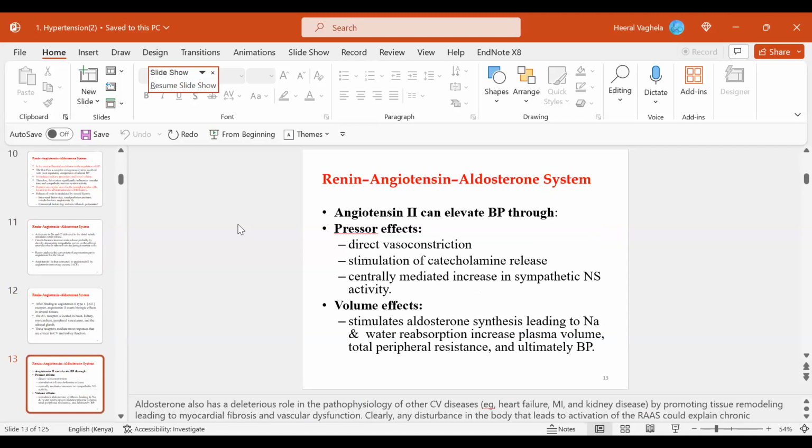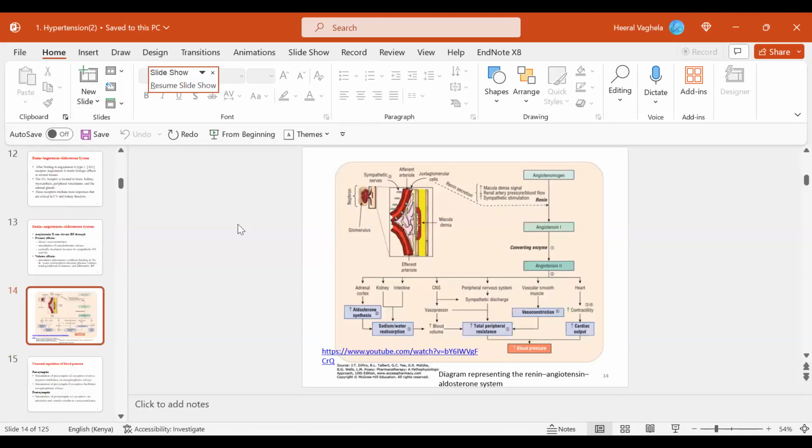So yeah, this is basically an overview of what I've just said, where renin converts angiotensinogen to angiotensin 1, then the converting enzyme to angiotensin 2. Angiotensin 2 has many effects that you can see over here. On the adrenal cortex, which increases aldosterone synthesis, and there is more sodium and water reabsorption.